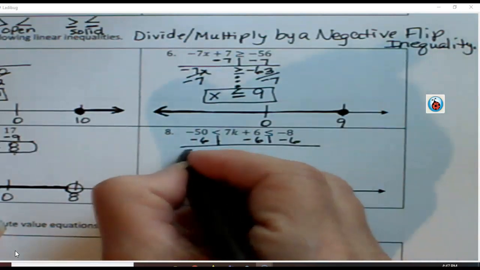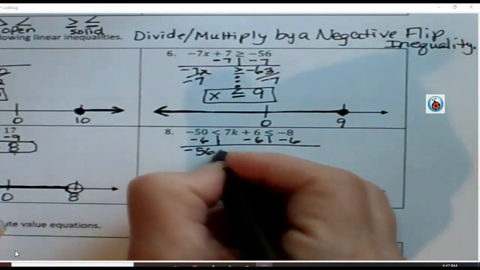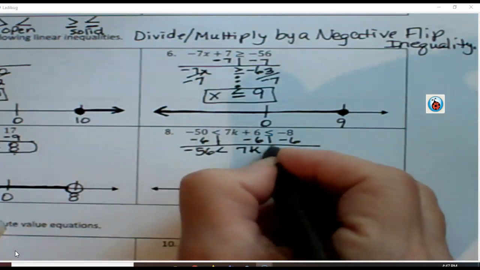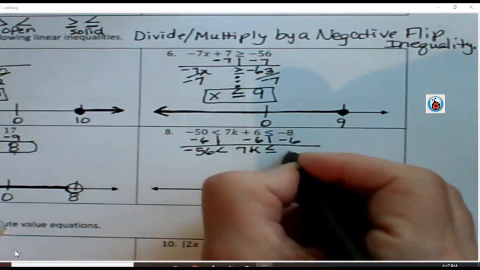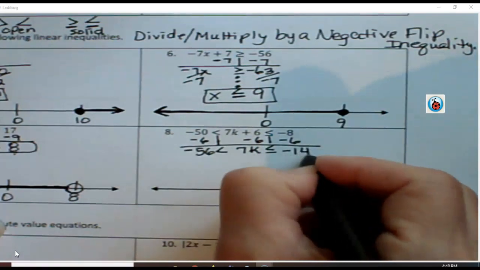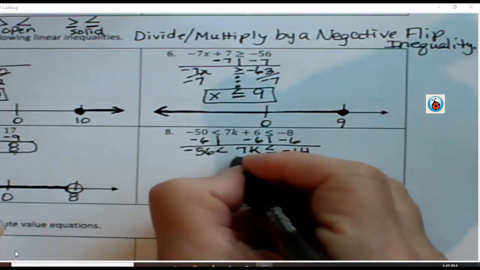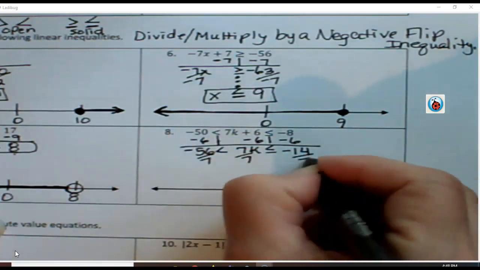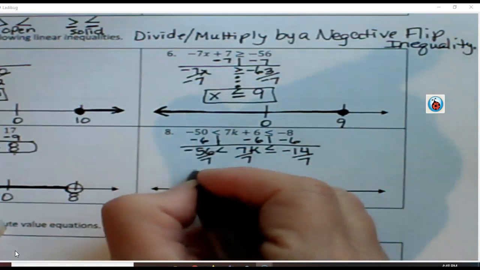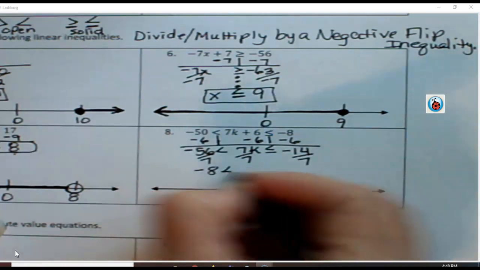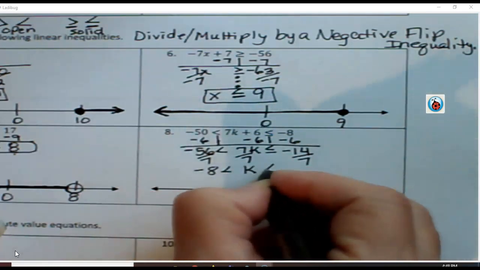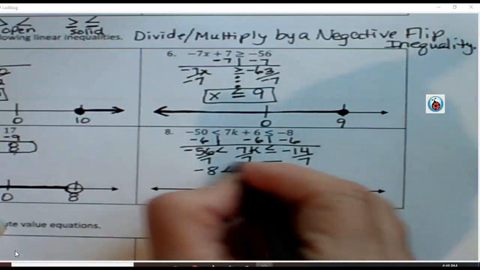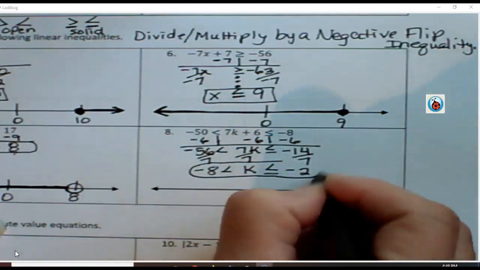So this gives me a -56 less than 7k less than or equal to -14. Okay, we're going to divide by 7. And over here you get a -8 is less than k, which is less than or equal to a -2. Okay, this right here is my and, it's my answer.